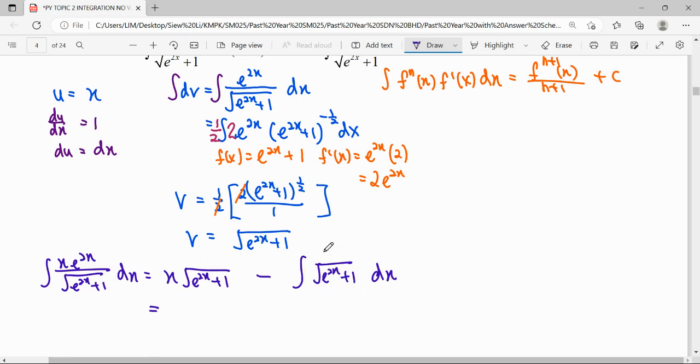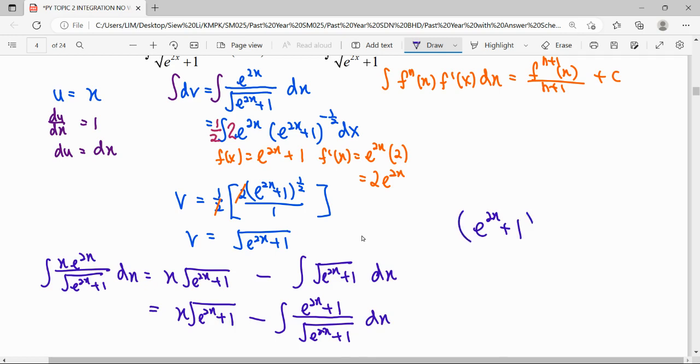So in order to integrate this, it will be equivalent to the function divided by its square root function. Because you can see for e to x plus 1, to get the power of 1 over 2, it actually comes from 1 minus 1 over 2, so that you get 1 over 2.